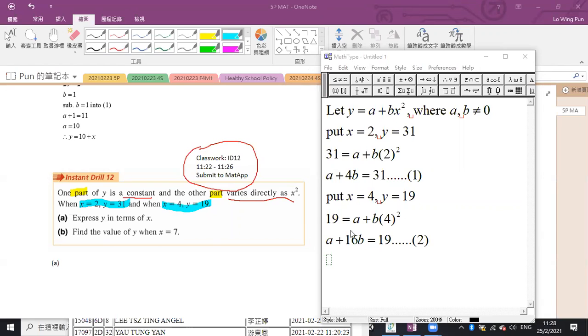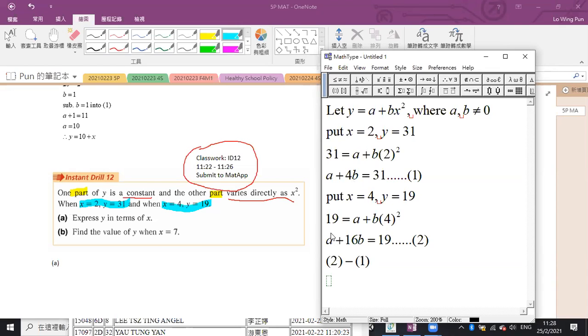Then we are going to use subtraction. Normally we use the larger number to subtract the smaller number, so we use equation 2 minus equation 1, down minus up.